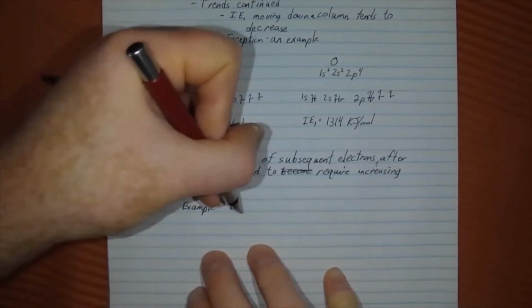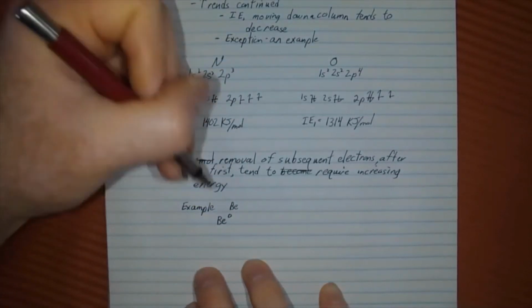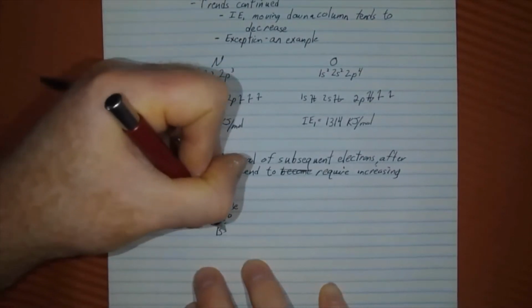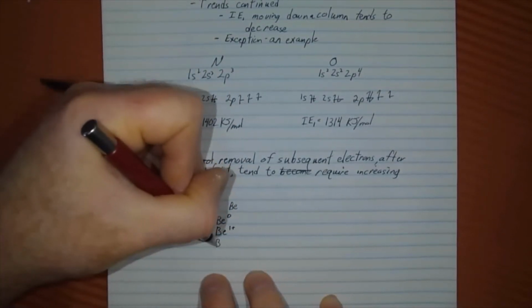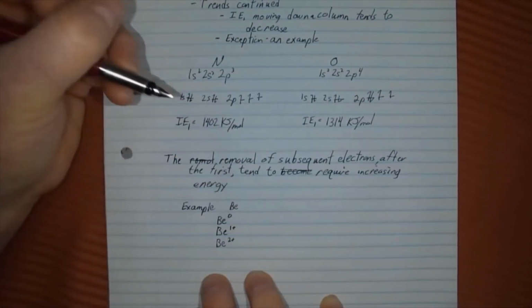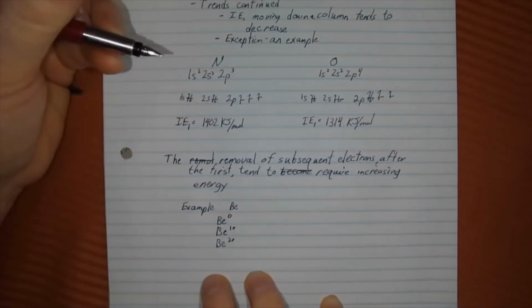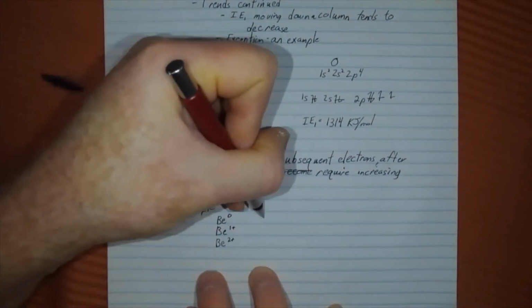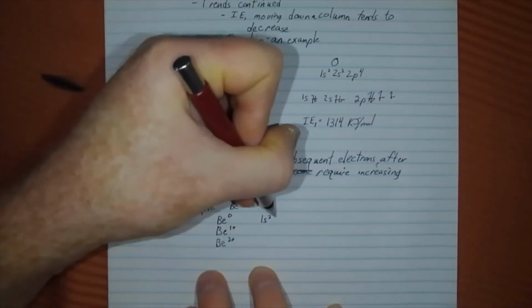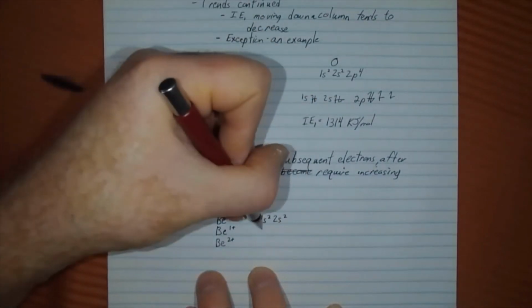Okay, so we have beryllium 0, beryllium 1 plus, beryllium 2 plus. Let's look at the electronic configuration: 1s2, 2s2.